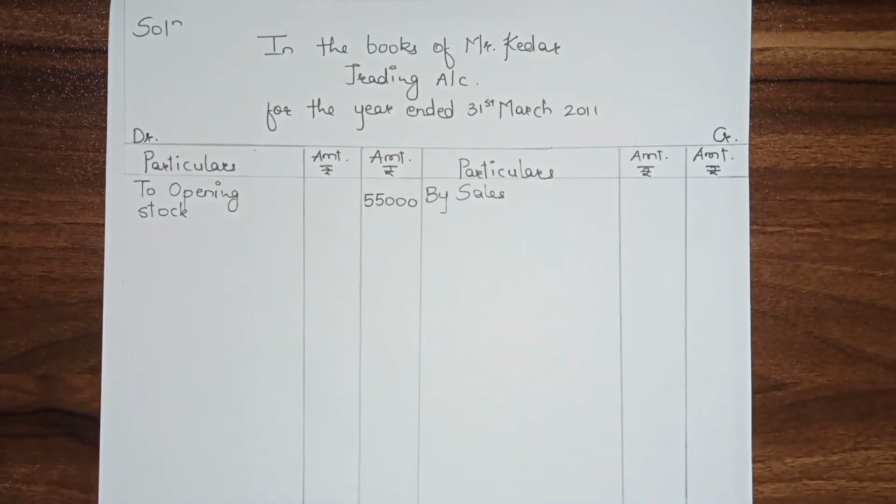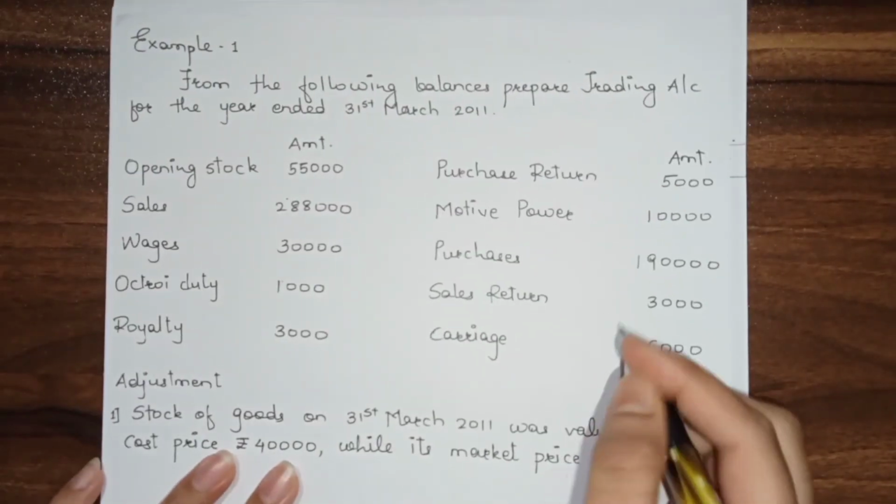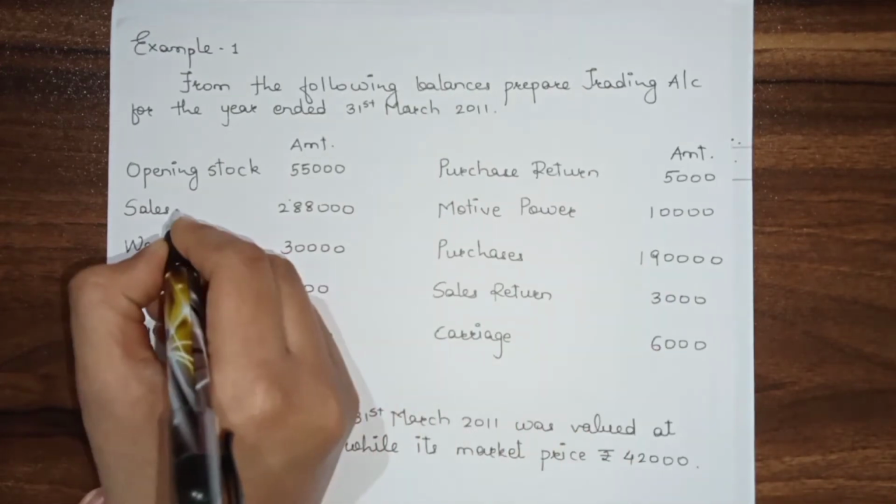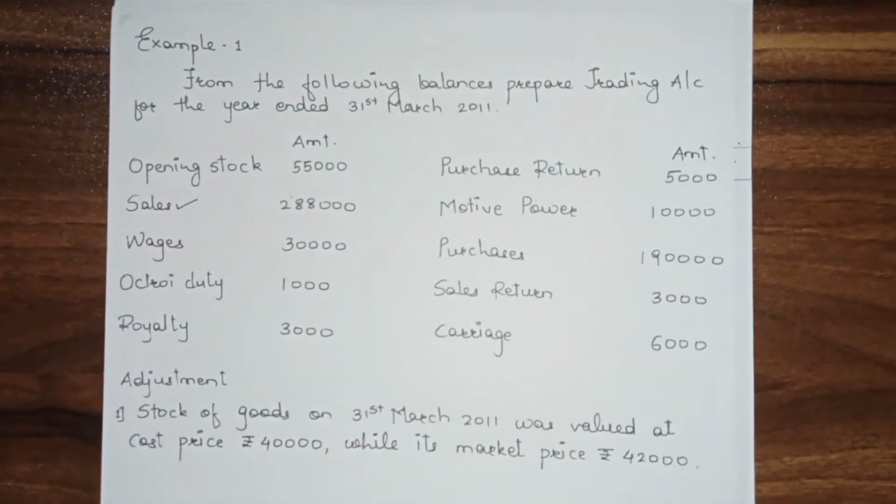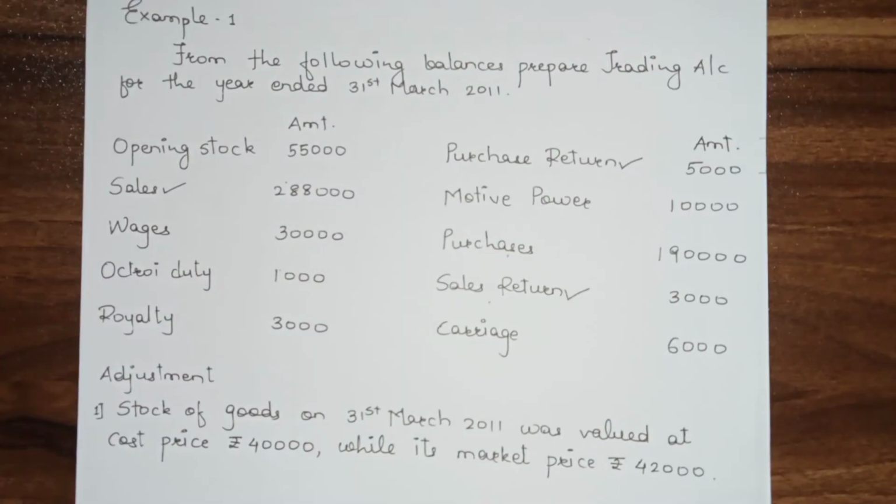Now on sales we have an adjustment, so we will mark it. As we have an adjustment on sales, we will solve that particular adjustment afterwards, but we will post the other items on their respective debit and credit sides.